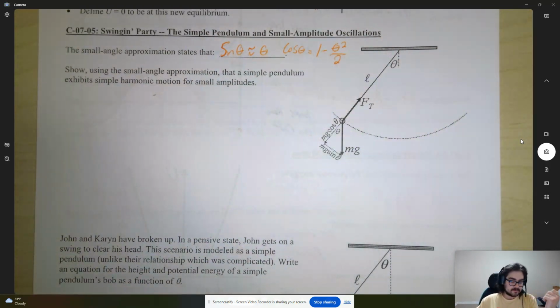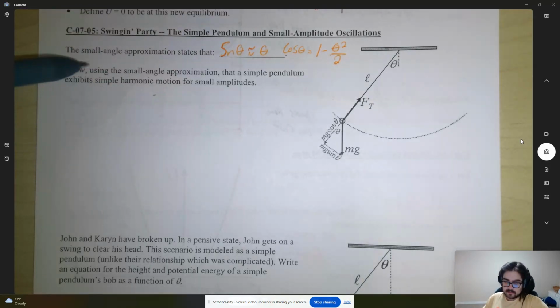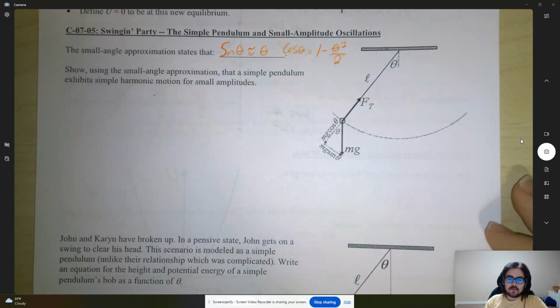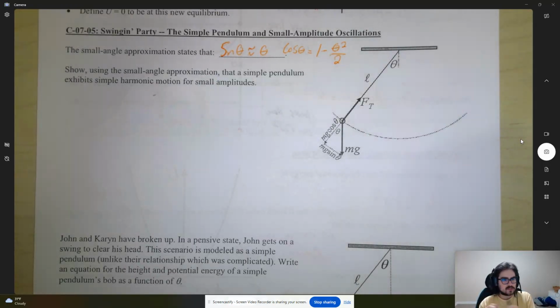Okay, but yeah. So what I'm going to do first is show that the simple pendulum is simple harmonic motion, meaning I need to prove one of those points from section 1. I can actually prove it with just two statements, but I do need to use the small angle approximation.